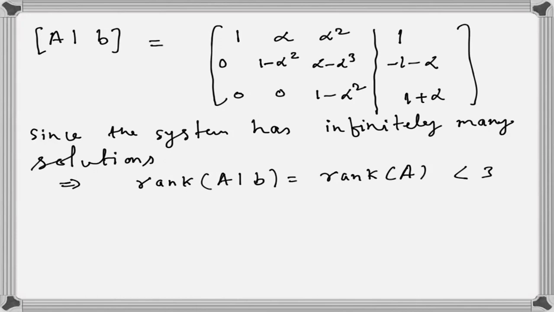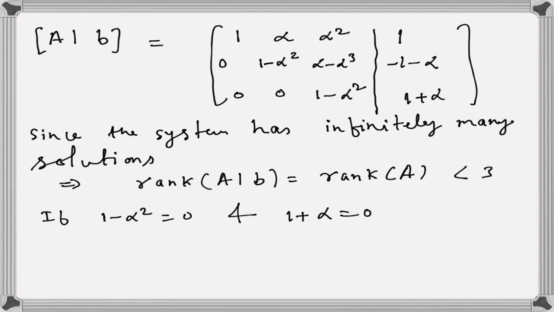So the rank of augmented matrix will be 2 if 1 minus alpha square is 0 and 1 plus alpha is equal to 0. Okay, so if these two conditions hold together, then the third row of the augmented matrix is a 0 row, and the third row of A matrix is automatically 0, and then the rank of A is equal to rank of A augmented B, which will be 2.